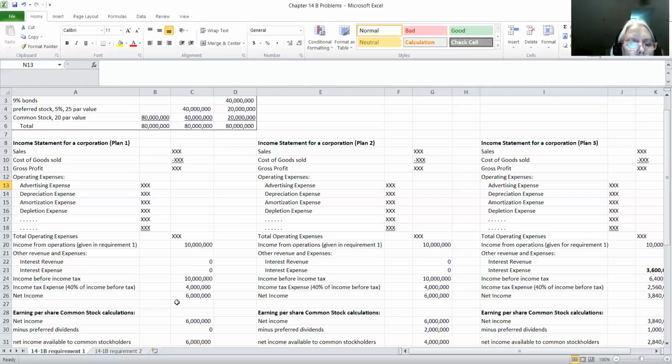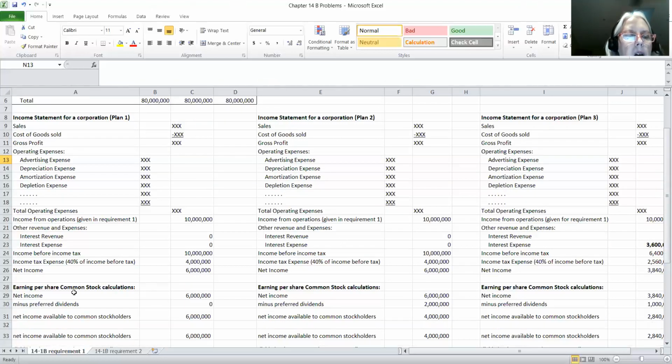In this problem, they also want you to calculate something that we call earnings per share, which would be found at the bottom of your income statement for a corporation. And usually they just state the amount of the earnings per share. But before we can put the earnings per share on our income statement, we would need to know how to calculate it.